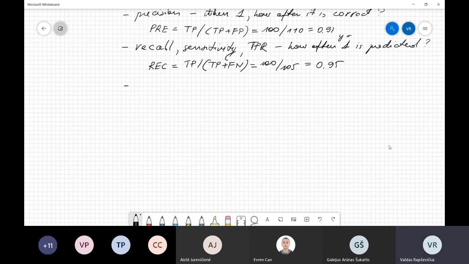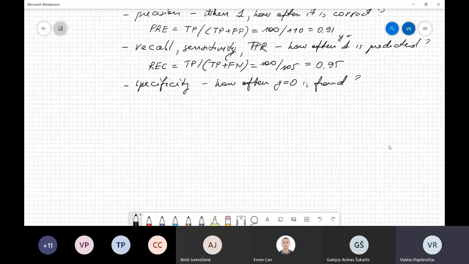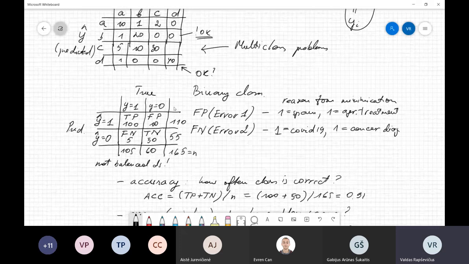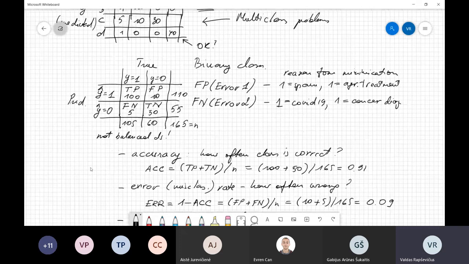Okay, now the other metric is so-called specificity. How often y equals 0 is found correctly, right? How often negatives are actually found okay. We can say that this is the proportion of not sick persons identified as being not sick. So specificity would be equal to true negatives with respect to all the negatives, so this side of the matrix.